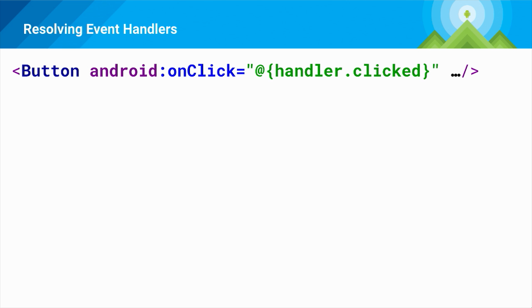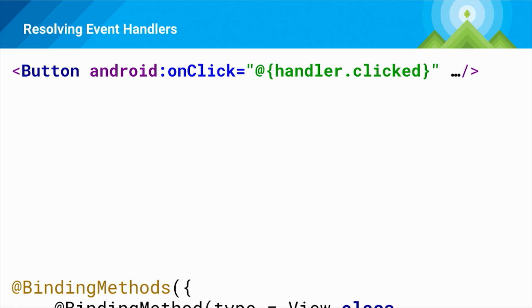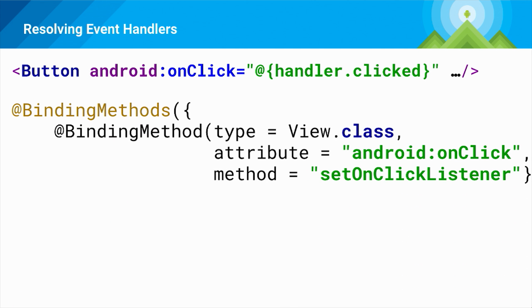What about the event handler? These are a little bit tricky because unfortunately Java 7 didn't have any function parameters. You cannot do them. So the way this works is, again, we know there's a binding method that says onClick matches setOnClickListener. And we look at, okay, what does setOnClickListener expect? Oh, it expects a View.OnClickListener. That's an interface. And then the interface has one method.